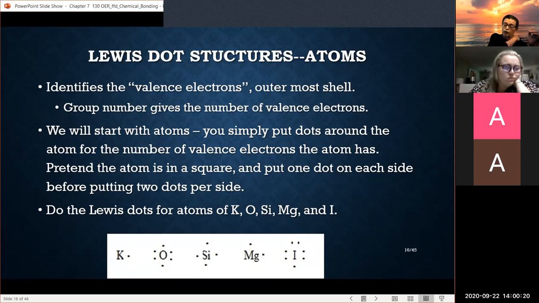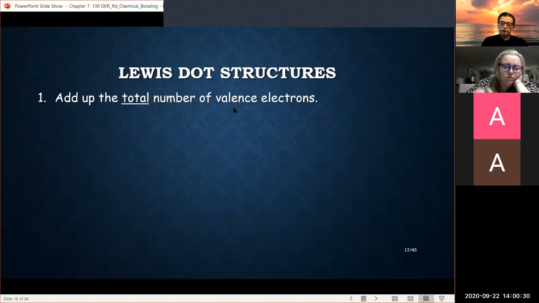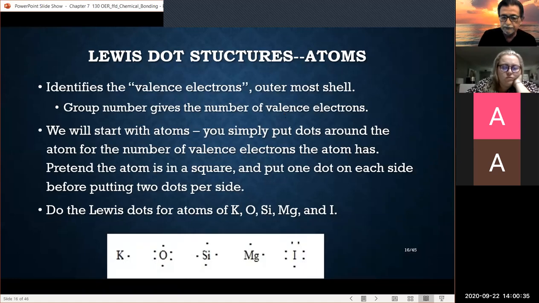Silicon has 4 valence electrons, magnesium has 2, and iodine has 7. All right, so that is the Lewis dot structure for atoms.